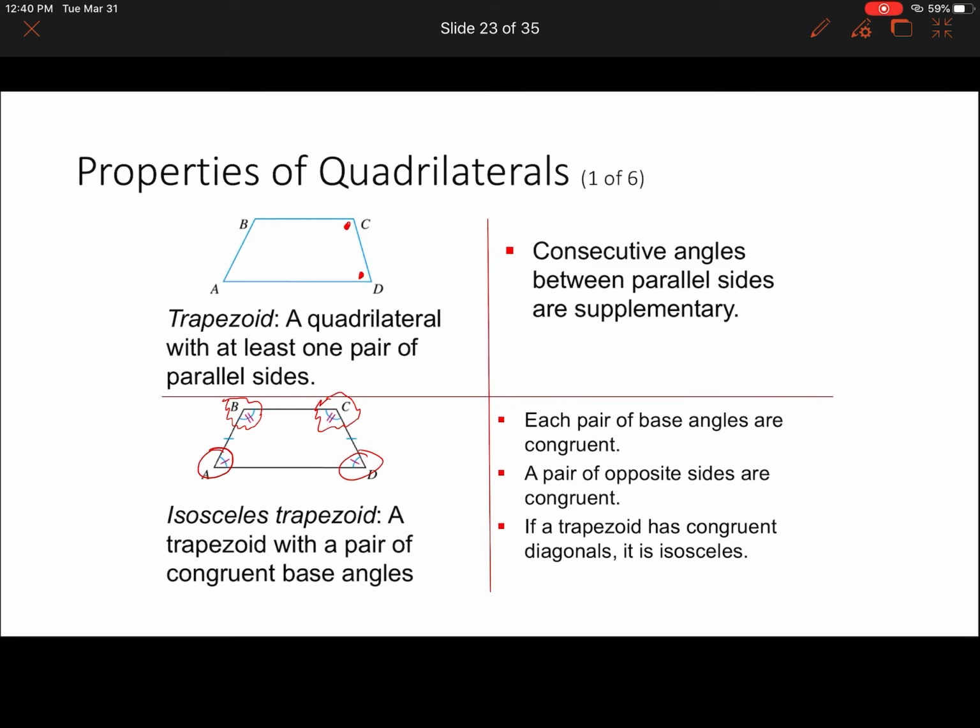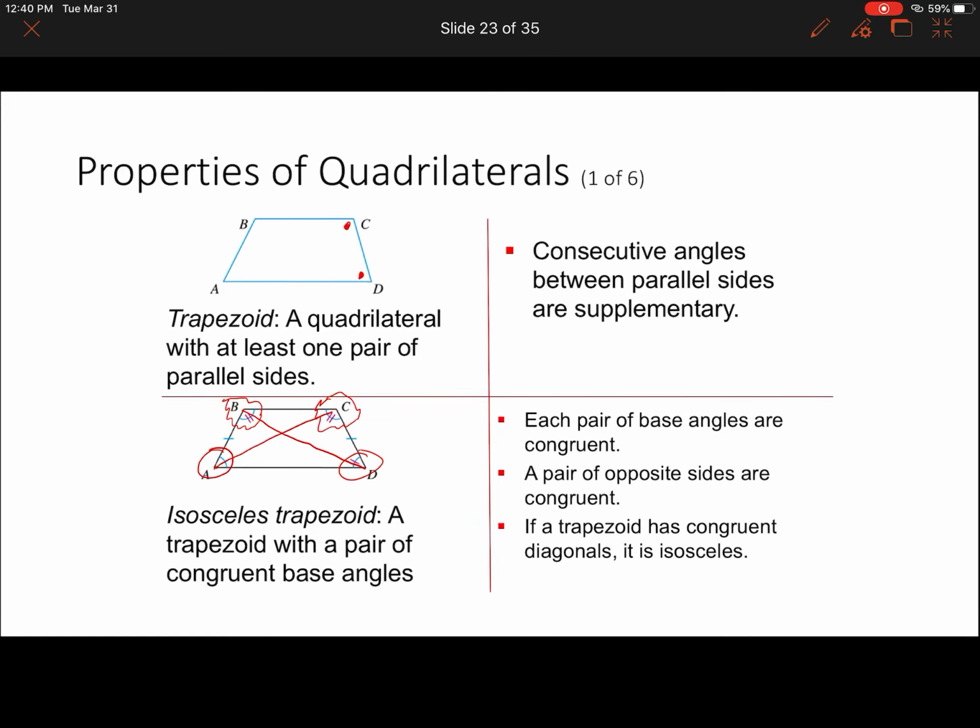You can see that marked here with angle D and angle A, those two being congruent, and also angle B and angle C are congruent as well. And then the sides that connect those non-congruent angles, those side lengths are congruent.